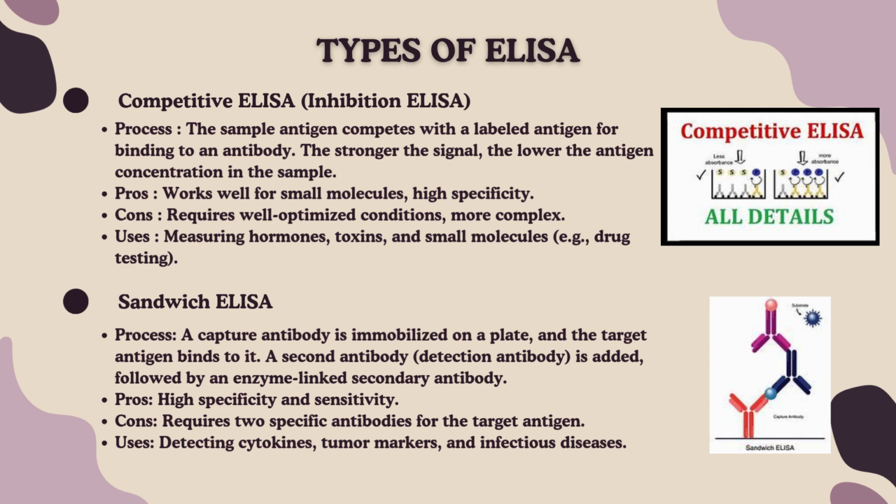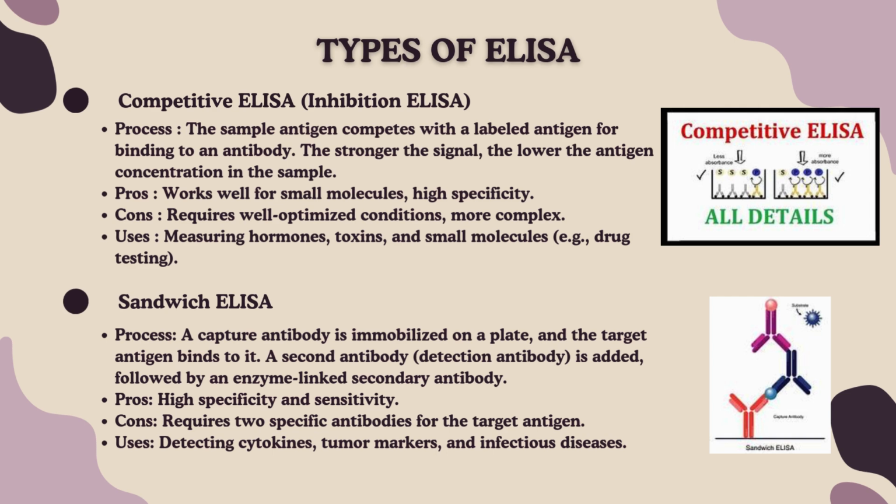The next type, the third, is competitive ELISA, which is inhibition ELISA. The process for this type is that the sample antigen competes with a labeled antigen for binding to an antibody. The stronger the signal, the lower the antigen concentration in the sample.